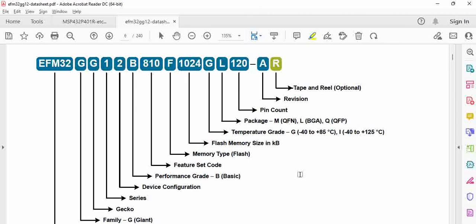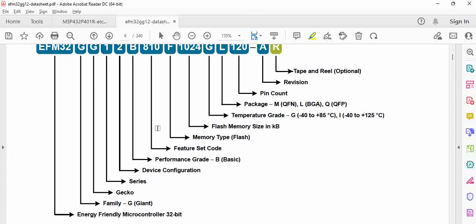If you see the EFM32 series, there are a number of microcontrollers present, so you select the appropriate one based on its part number. EFM32 stands for energy friendly 32-bit microcontroller. G is Giant Gecko, and then one means series one, two is the device configuration. B is the performance grade.